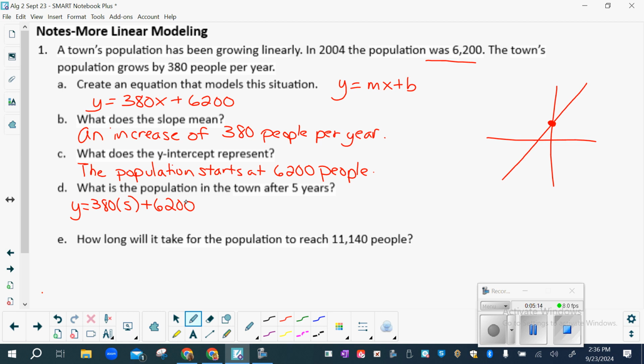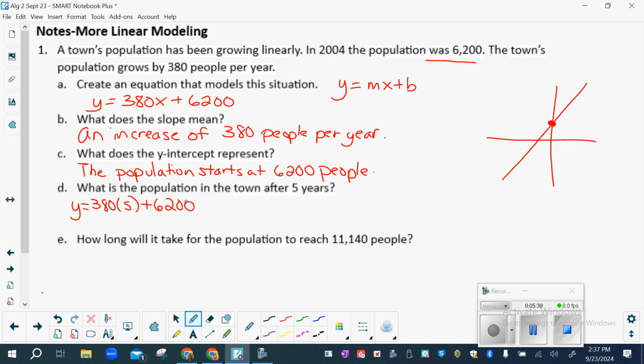Your x in this situation is talking about the number of years, and then the y is talking about the population. When you have an x and a y value, that x value is always independent, and the y value is going to be dependent on the x.